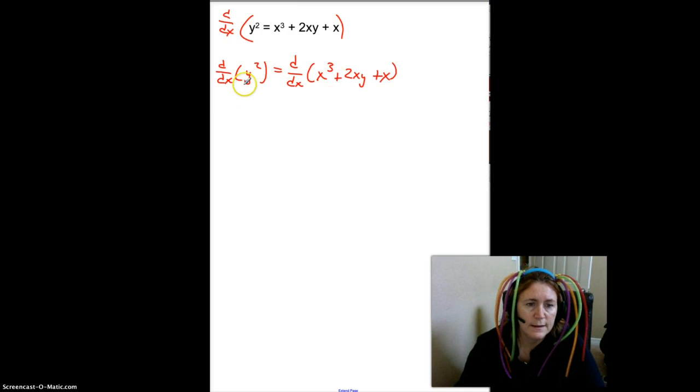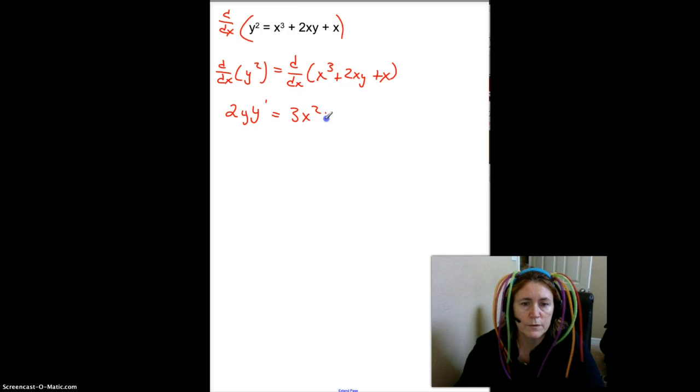All right, so this side, this is 2y y prime, and this is 3x squared. Now I've got to use a product rule, plus 2y plus 2x y prime.